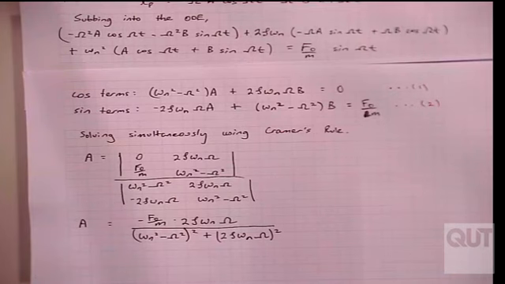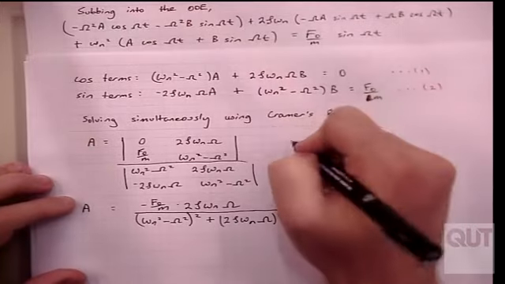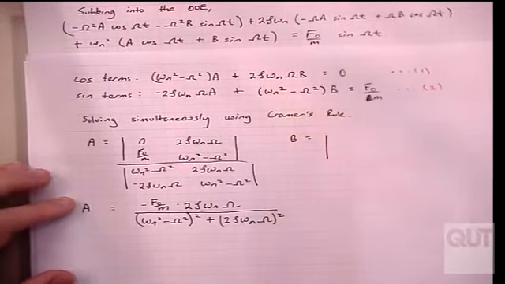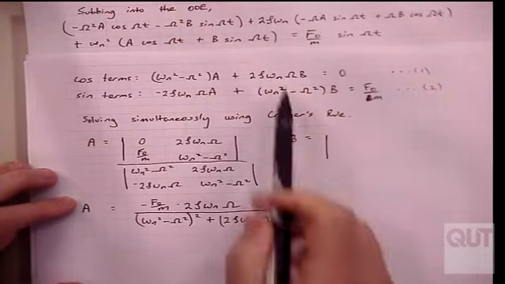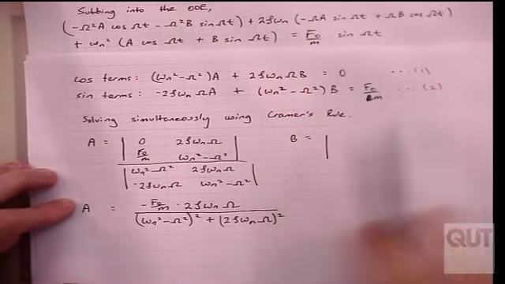And then we can do a similar thing to evaluate the coefficient of the sine term, B. Now, because I want to solve B, the variable that's in column 2, I replace column 2 with the right-hand side on this numerator.